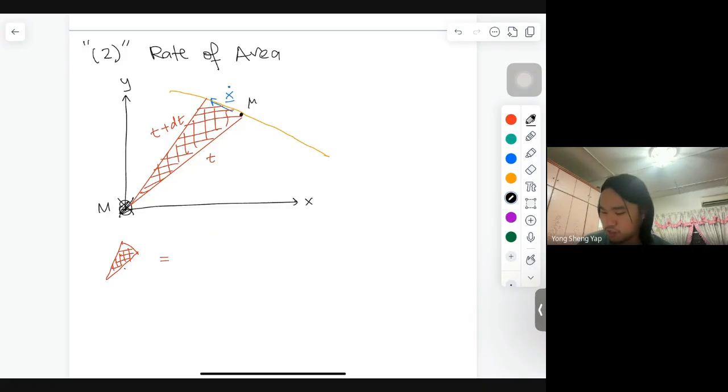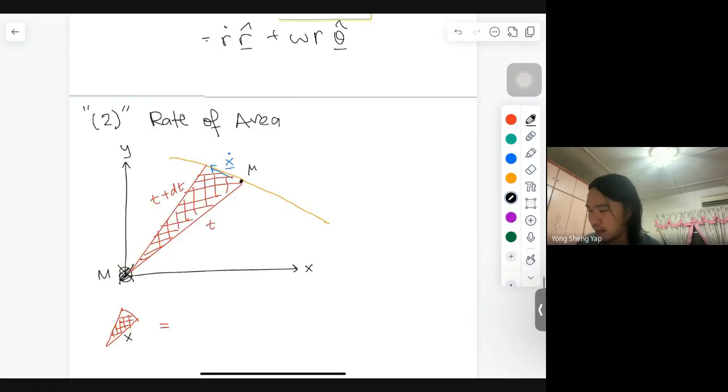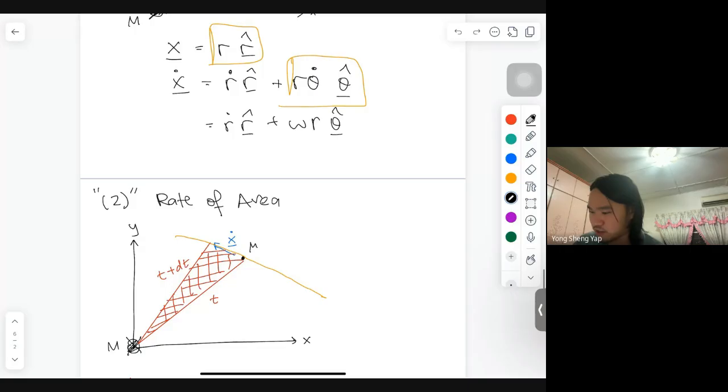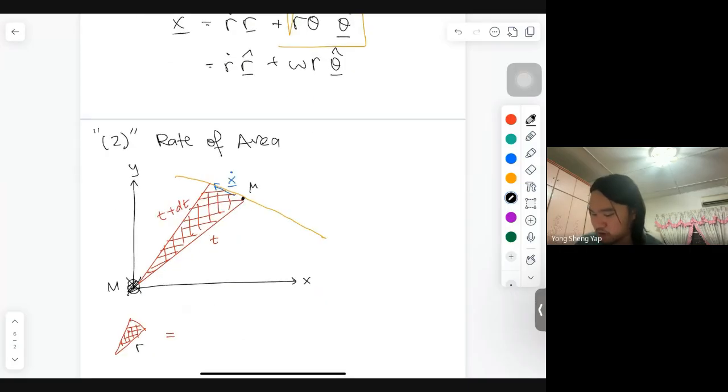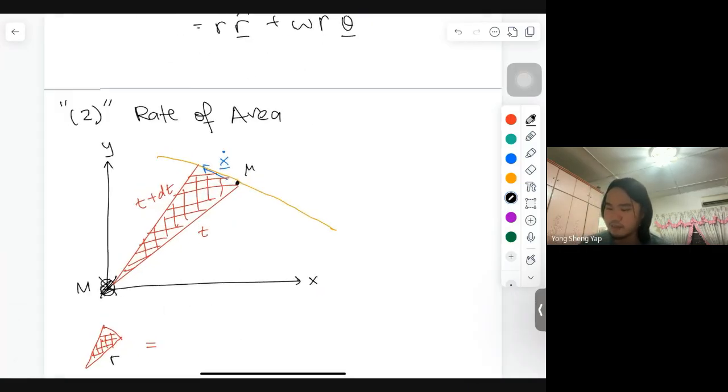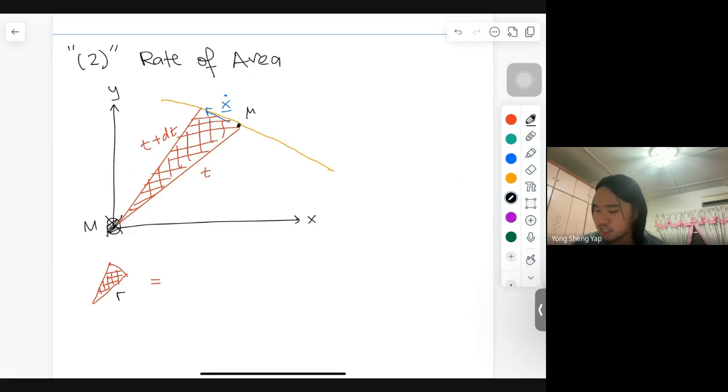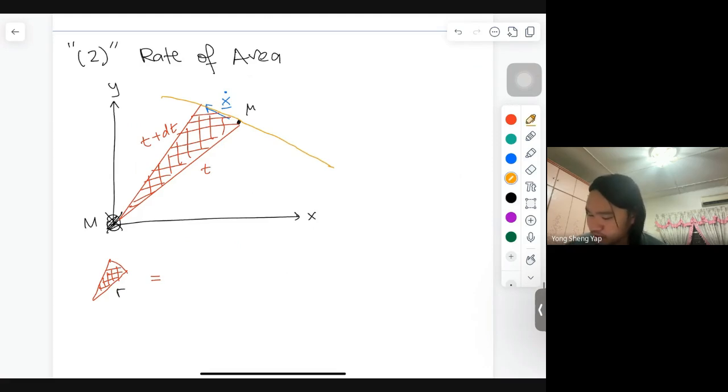If this slice is small enough, the radius does not change much when the reduced mass just moves a bit.